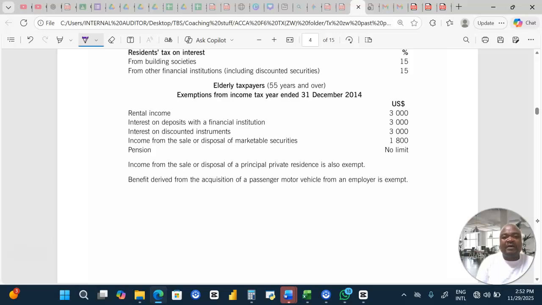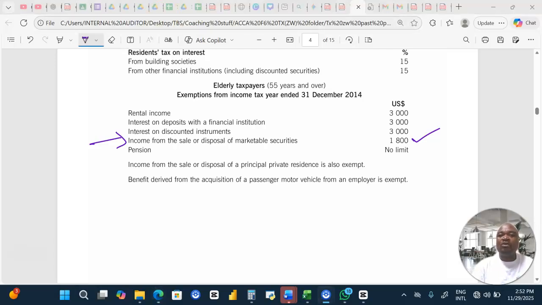So here, the examiner specifically stated that income from the sale of disposal of marketable securities, this amount 1,800 was given. Okay, so the examiner is likely to give you the information for the tax tables. Do not worry, do not start to cram all of these things, you won't be able to manage.